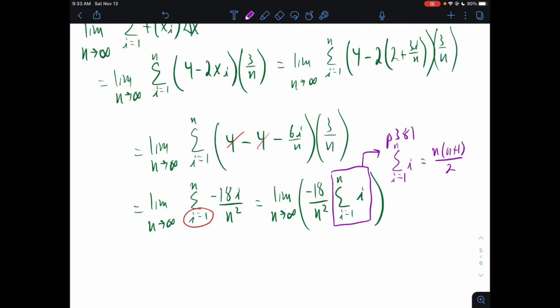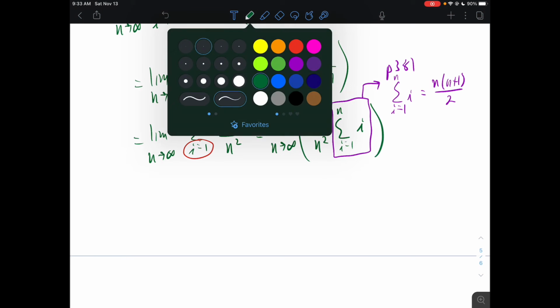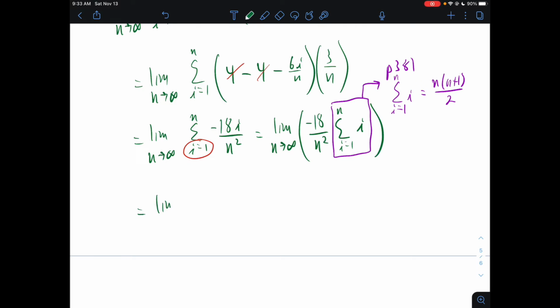This is the sum of n integers, 1, 2, 3, 4, etc., all the way up to n. And there's a formula for that. It's n times n plus 1 divided by 2. So we can use that. I have what I had already had before, the negative 18 over n squared, but then I'm going to multiply that by the value of that sum, which is n times n plus 1 divided by 2.